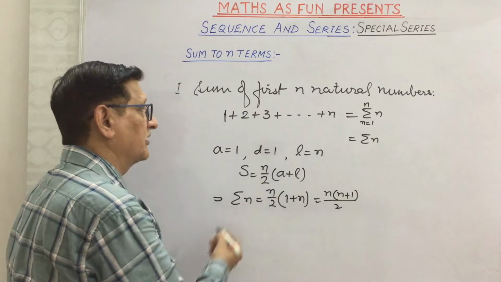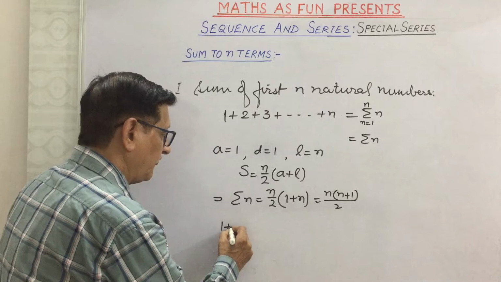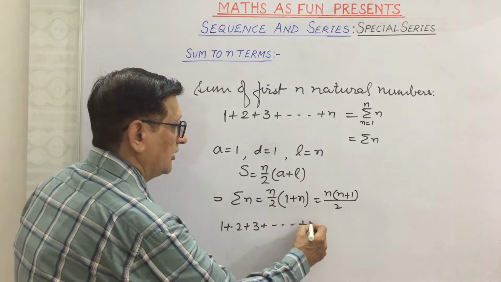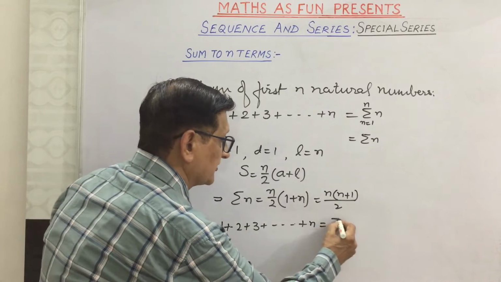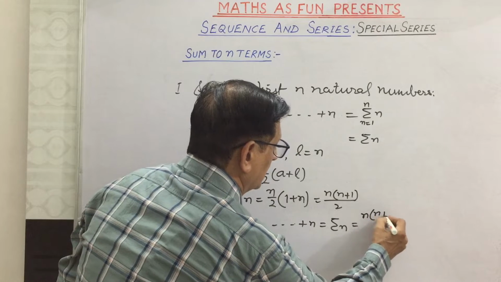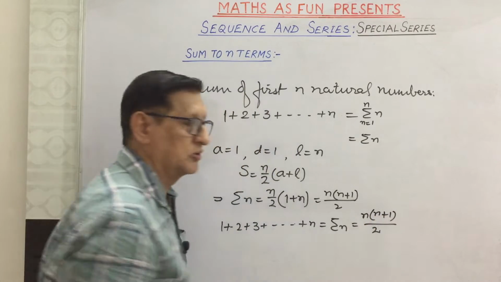So we can remember here that sum of the first n natural numbers, that is 1 plus 2 plus 3 up to n, is represented by sigma n, and the formula of that is n into n plus 1 by 2.